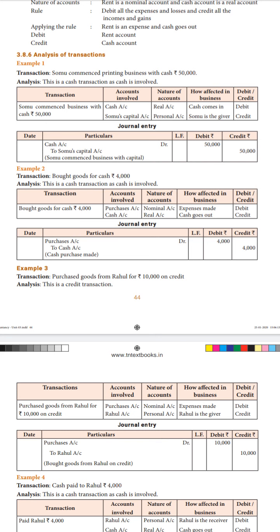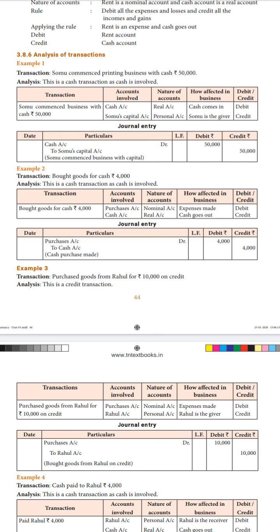The next one is Somu's capital account. Capital is always given by one person, right? So in that case, it is to be considered as a personal account. Now that we have the nature of accounts, we have to apply the golden rules for real and personal accounts. Here, cash account is the real account.